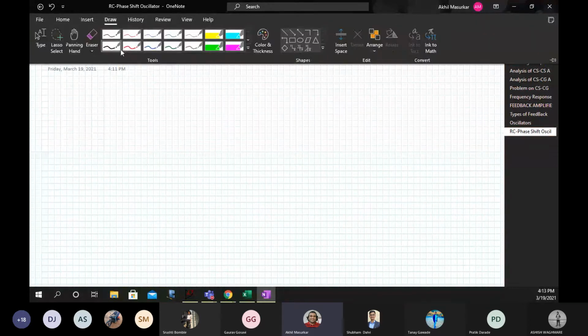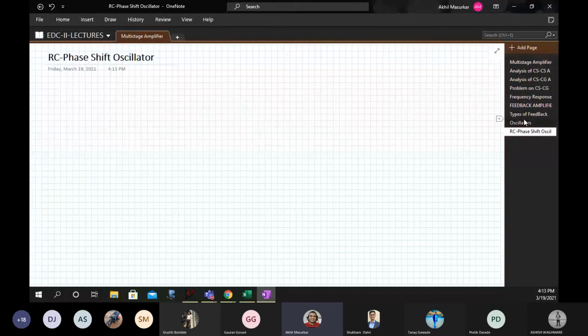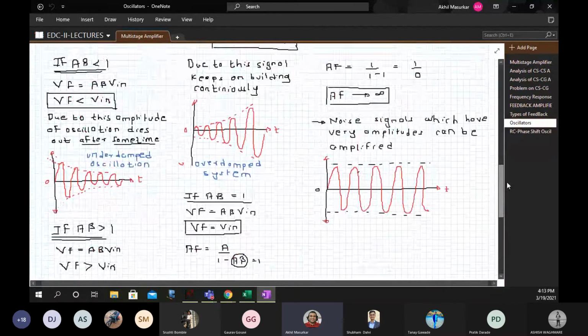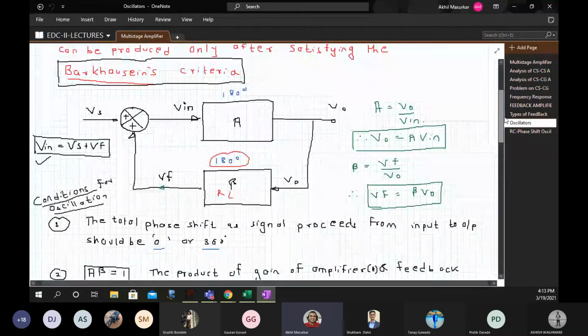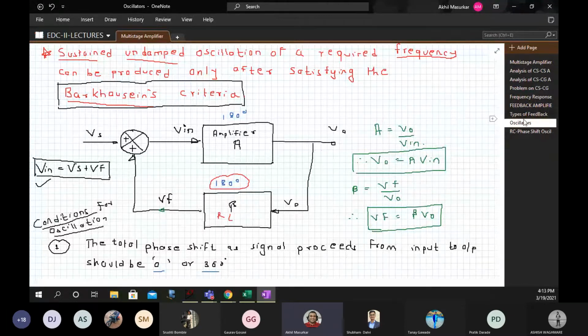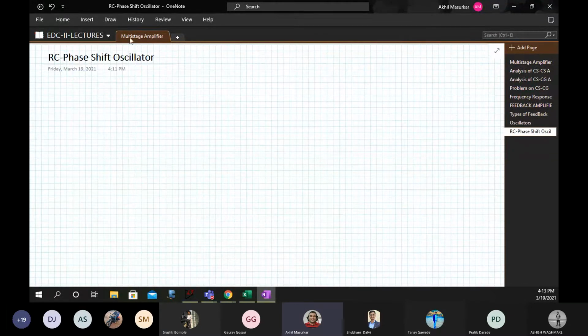Like I told you, an oscillator will have basically an amplifier and a feedback network. So first we can start drawing the amplifier.